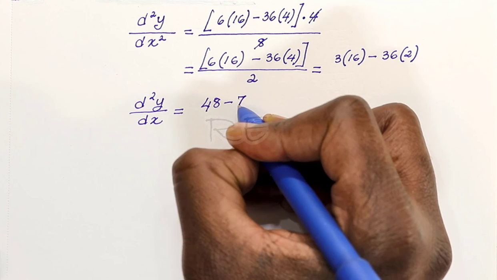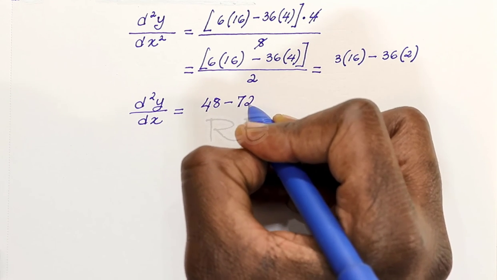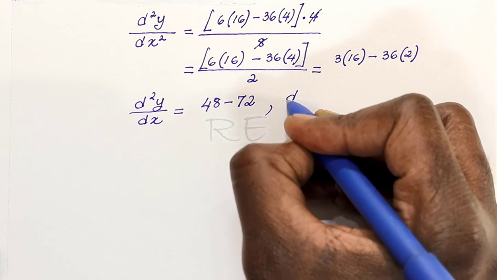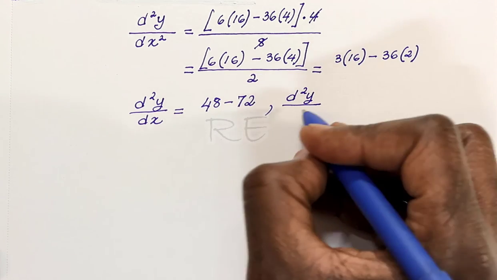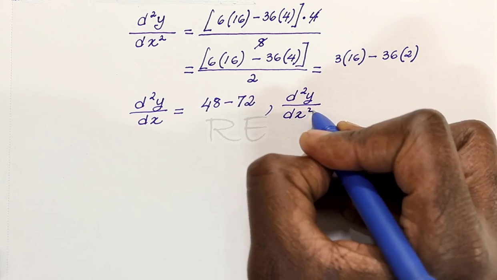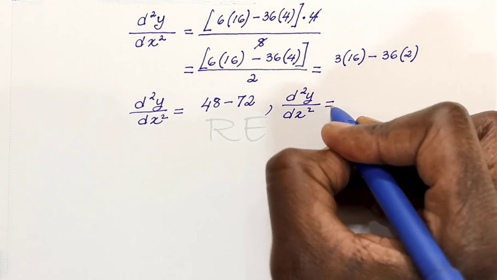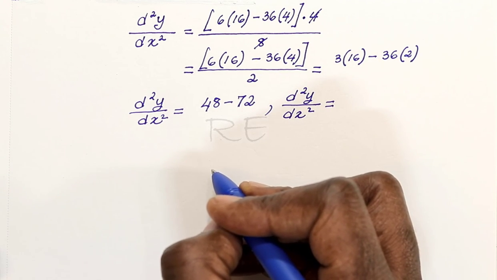Minus 36 times 2 is 72. And 48 minus 72 is negative 24. And the problem is solved.